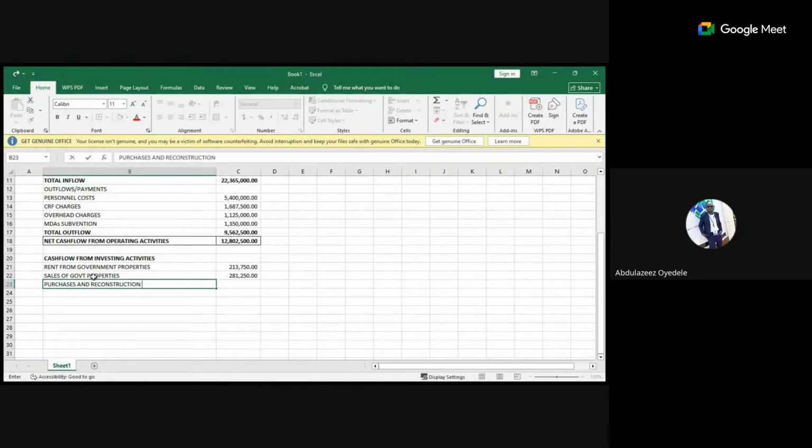So that's an investing activity, but it is an outflow, right? 1,875,000. It is an outflow. So it's going to be in parentheses. You put that in brackets. Just put minus.